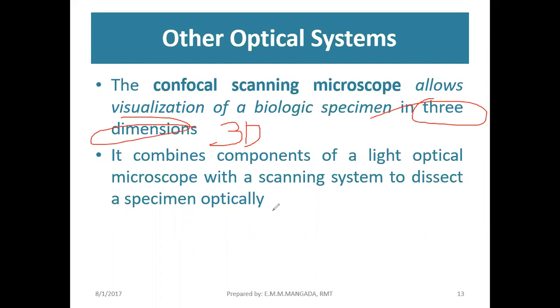Okay, so it combines components of your light optical microscope with the scanning system. And what's good with your confocal scanning microscope is that you're able to dissect the specimen. Okay, so pwede nating i-dissect yung specimen optically. And while dissecting, we can see yung mga minute microorganisms as we dissect it. Okay, so that's the advantage of our confocal scanning microscope.